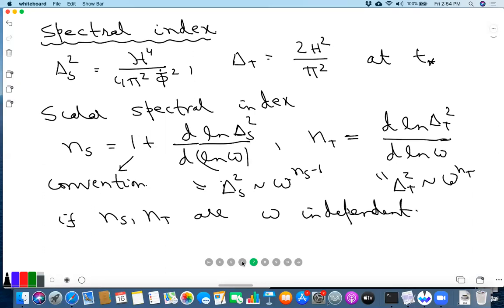And that's all this Lyth bound is saying, that for a generic potential, it's not tenable to have this nearly flat potential over such a large range of phi. If you take that as your assumption that the potential shouldn't be larger than M Planck to the 4, then within that assumption this is hidden.